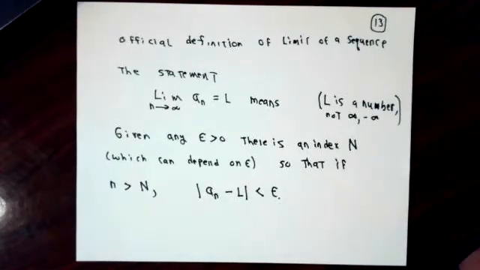This is a fancied up way of saying, by making the index big enough, beyond that index, all of the a sub n's are as close to L as you care to make them in terms of some preset tolerance epsilon.